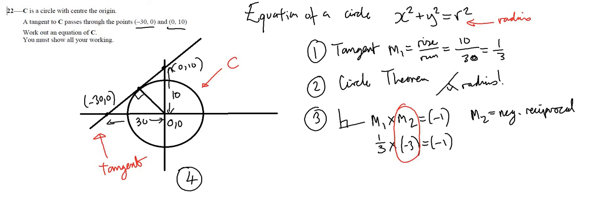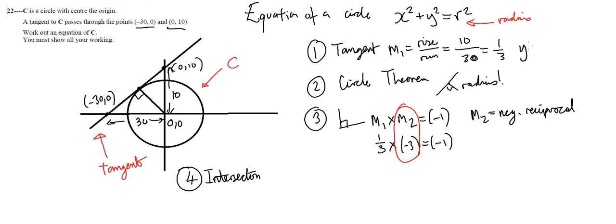So I want to find that point. How do I find that point? Well, remember, it's an intersection of two lines. So it means that point is on the tangent and it's on the radius. So we need the equation of the tangent.